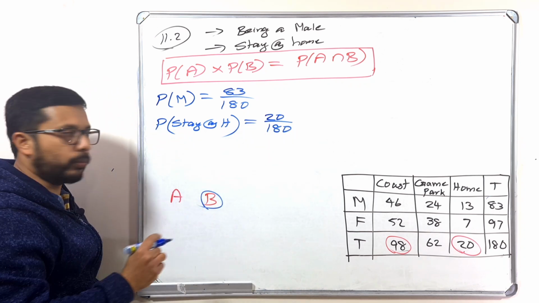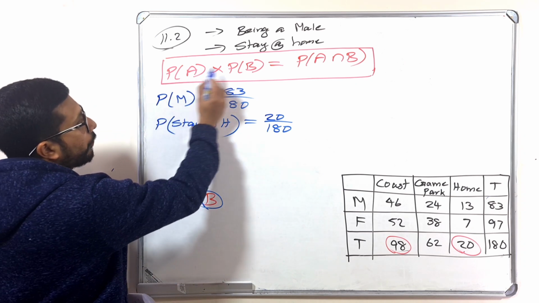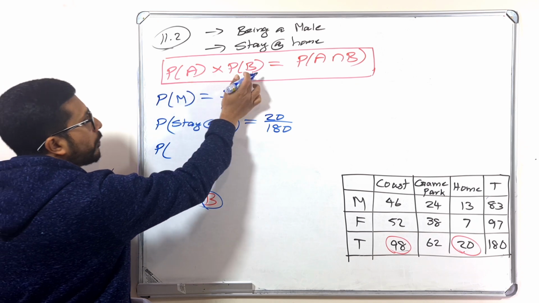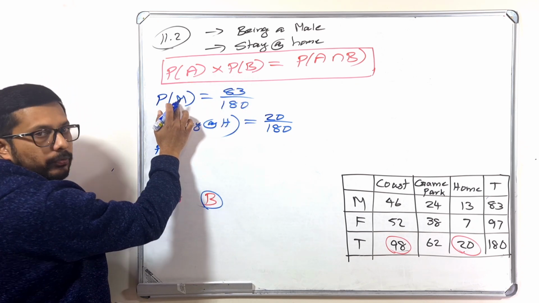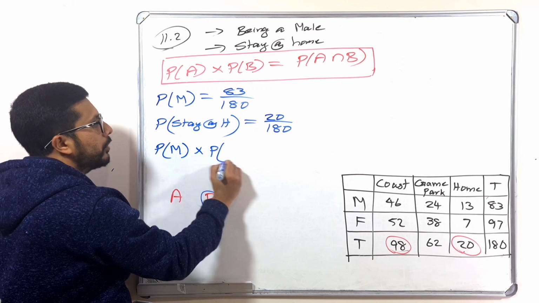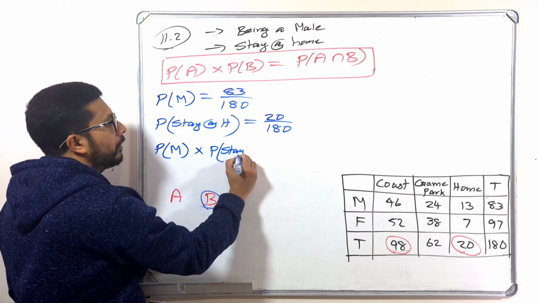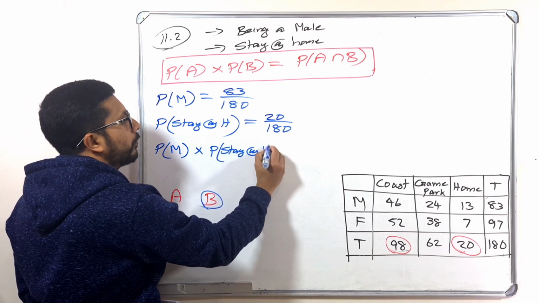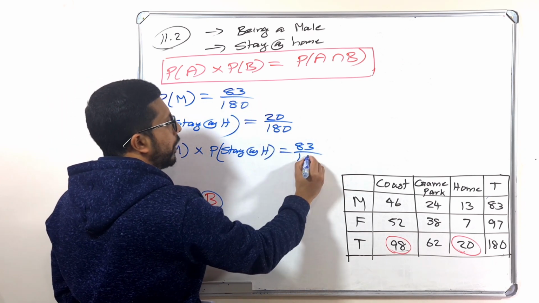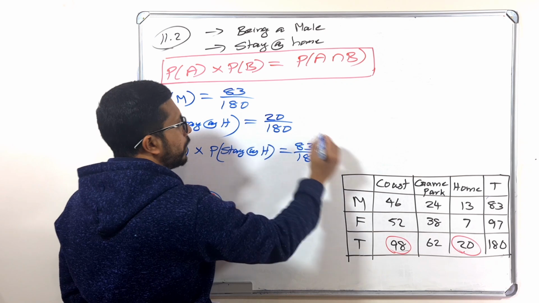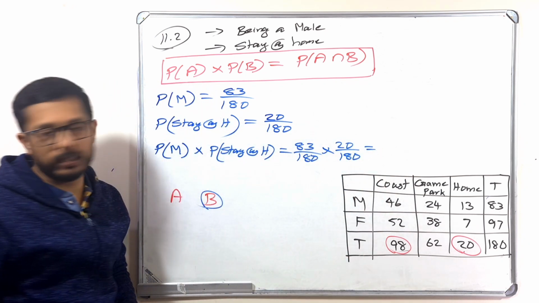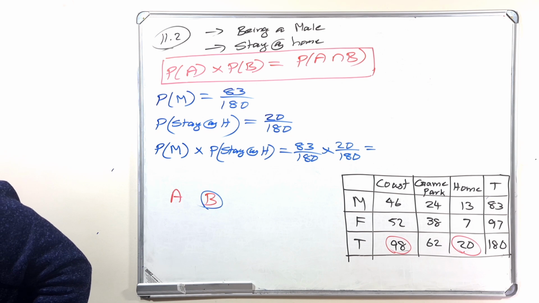Now probability of A times probability of B. Probability of A means probability of male. So probability of male times probability of stay at home is equal to 83 by 180 times 20 by 180. Check in your calculator what is the answer for that one.